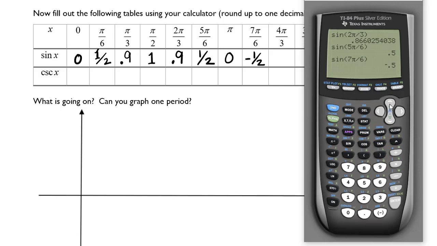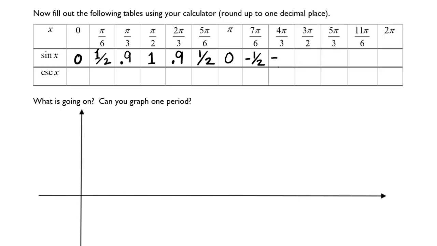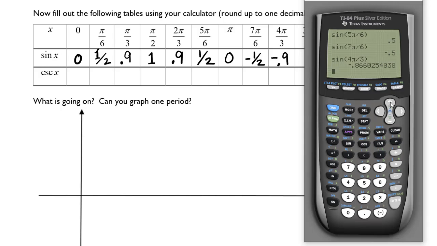4 pi over 3 is negative 0.866. And I'm going to move my calculator to the other side.